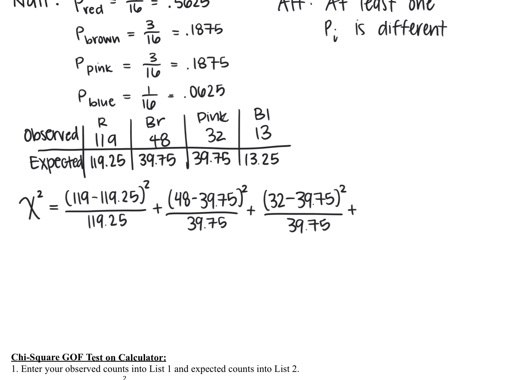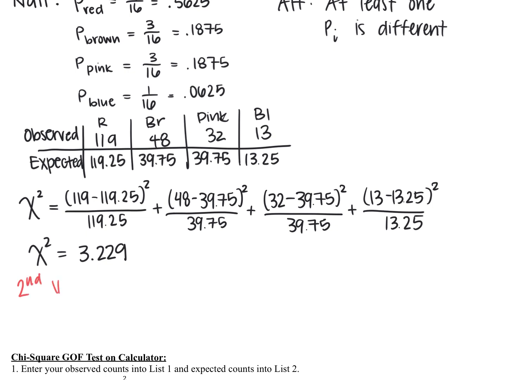And then our last one, 13 minus 13.25 squared over 13.25. We do want to try to put that in our calculator all in one step. And we're going to get that our test statistic is 3.229.